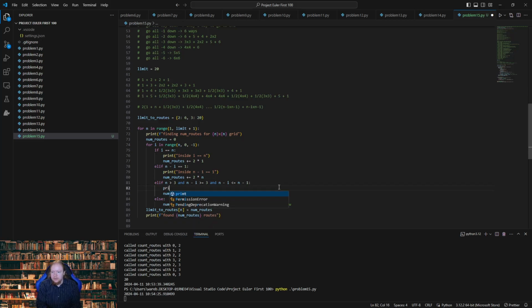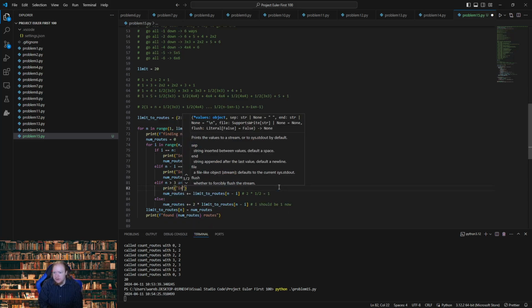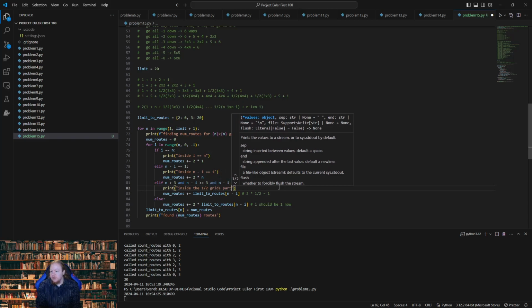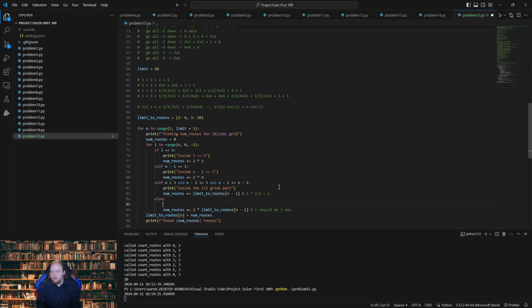Okay, so let's say print inside the half grids part, else print.